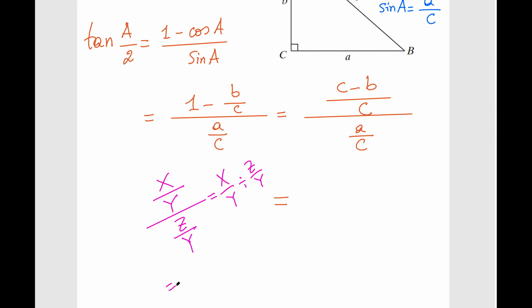So what's the reciprocal of z over y? Isn't it y over z? Alright, and this is xy over yz, x times y over y times z. And the cancellation occurs at this point, right? So you can cancel the y and the y. And this is equal to simply x over z, right?